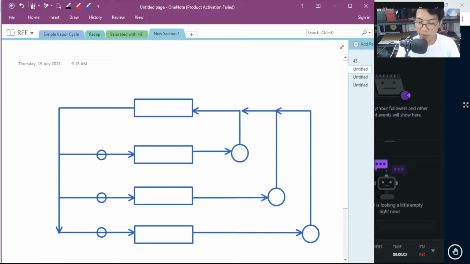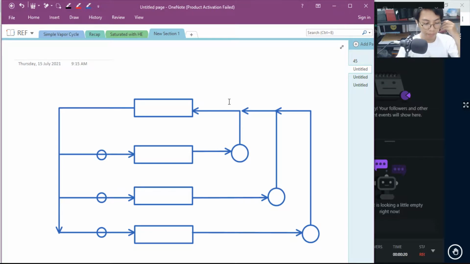So, on our previous video, tinuro ko sa inyo yung multi-pressure evaporator system. So, this one is the best way for you to understand yung ating system. Okay? So, yan.